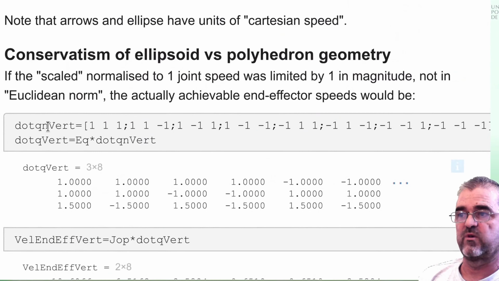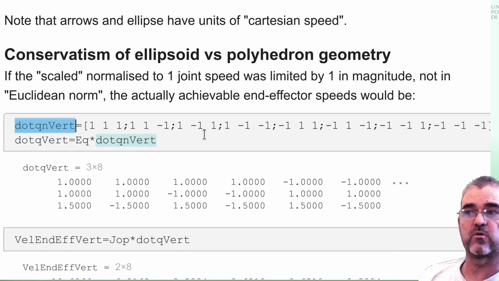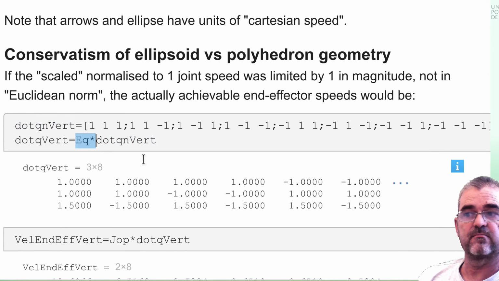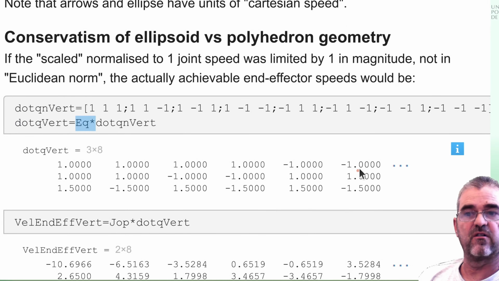Well, with this line, dot qn vert are the normalized vertices of the unit hypercube, all the 8 combinations of 1 minus 1, 1 1 1, 1 1 minus 1, 1 minus 1 1, etc. And of course, multiplying by the scaling EQ, I get the vertices of maximum allowed joint angular speeds in physical units, not normalized.